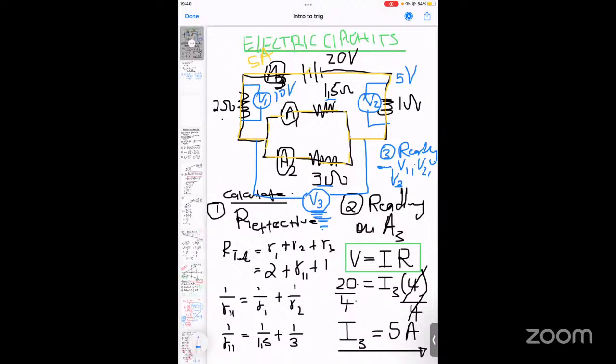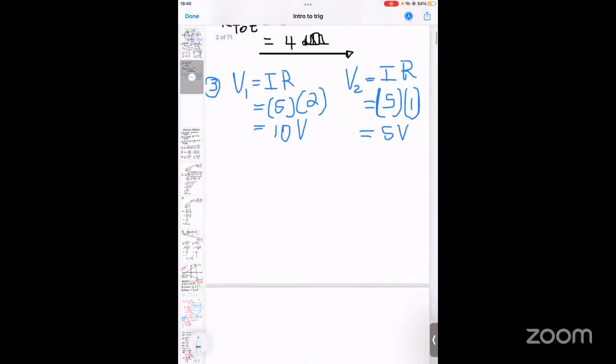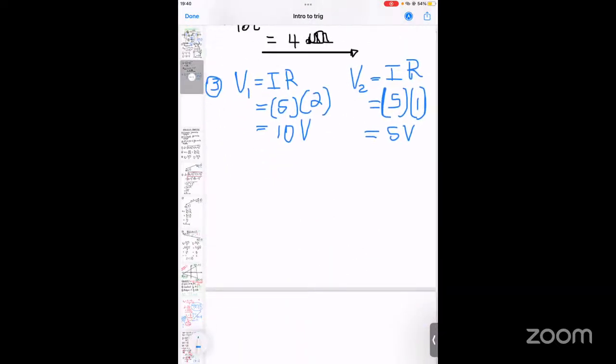Even if V3 was connected there, you always use the V on parallel.